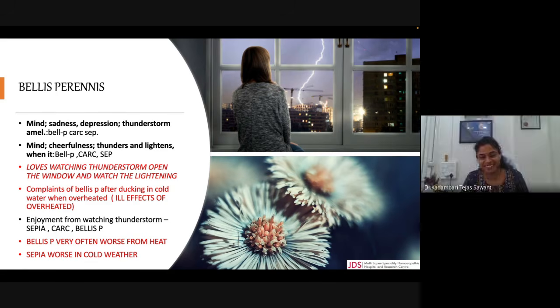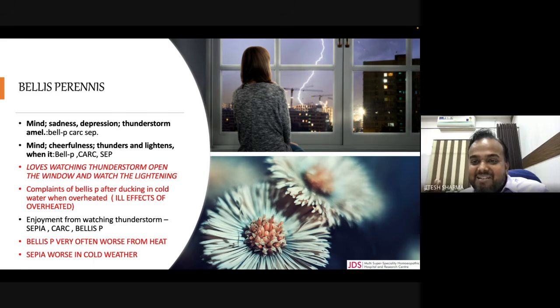So let me share three remedies who love to watch thunderstorms and lightning: Bellis P, Sepia and Carcinosin. So never ever forget this. These three people are very, very cheerful. And you know, the depression, the sadness, everything goes away as soon as they see a thunderstorm. So mind cheerfulness, thunder and lightning, when you find Bellis P, Carcinosin, Sepia.